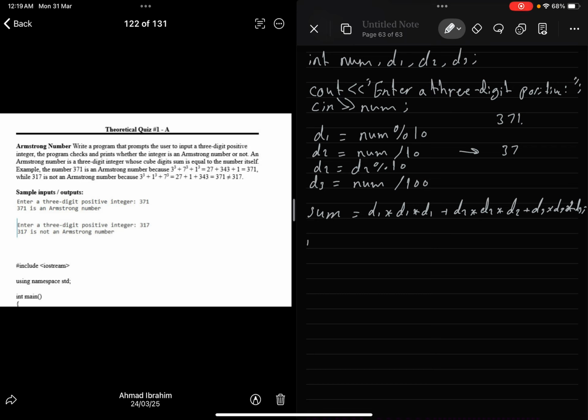And we write the if statement: if sum equal to num, cout: num, which is here num, and we write "is an Armstrong number."